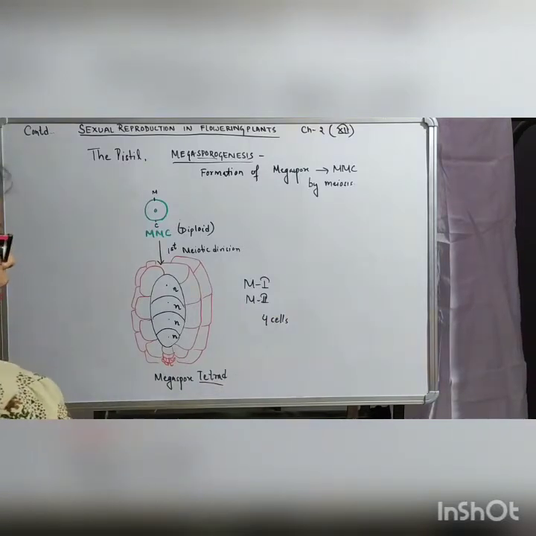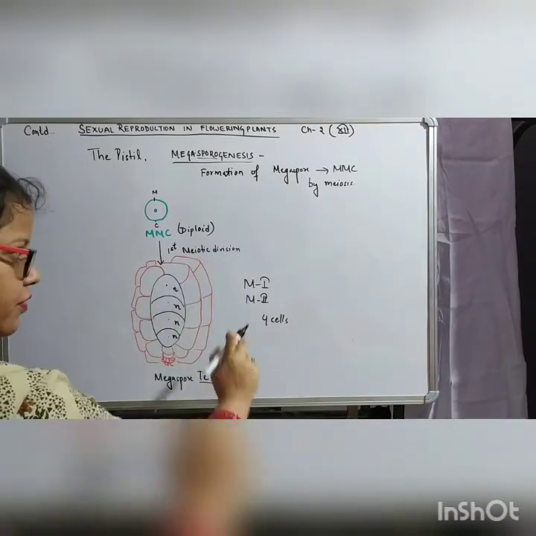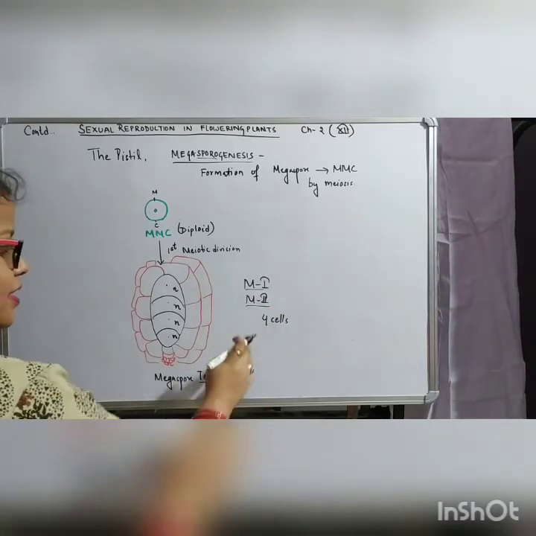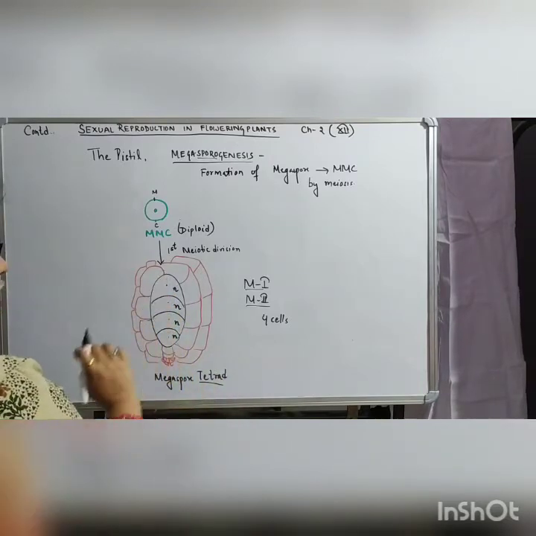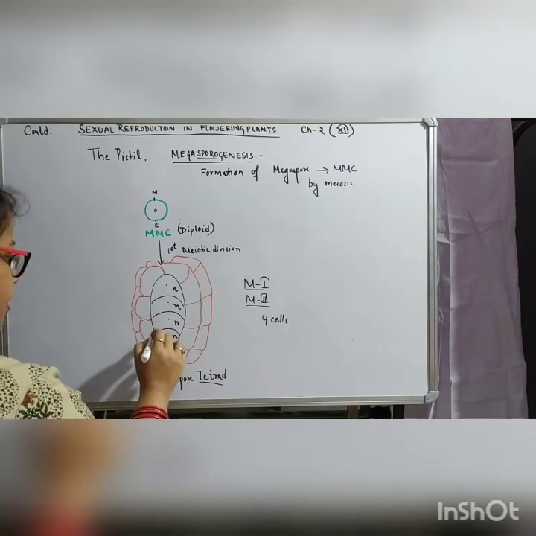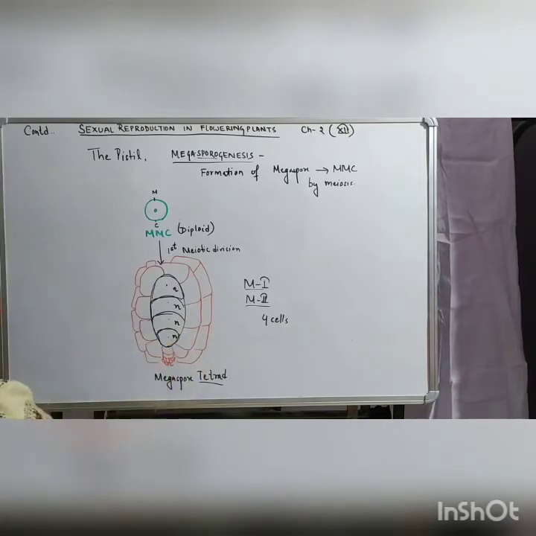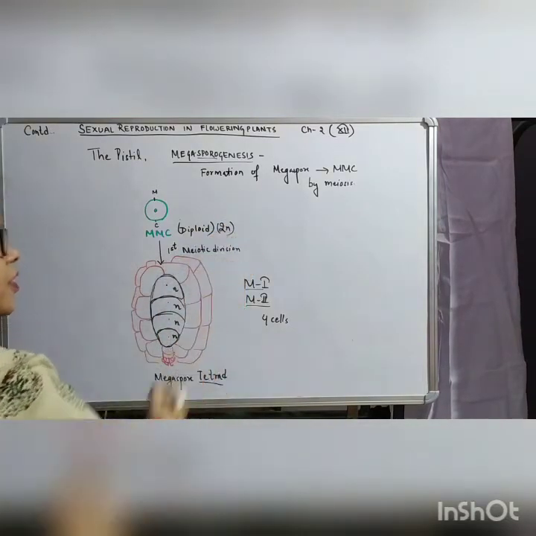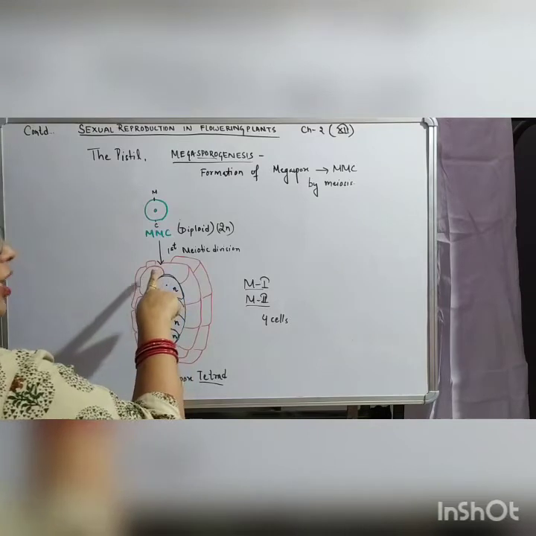Don't get confused about how we got 4 cells. Since this is a reductional division, we get the haploid number of chromosomes in each part. This one cell, this one, this one and this one are all daughter cells, each having n chromosomes. Here diploid means 2n chromosomes. Now we will talk specifically about this structure.